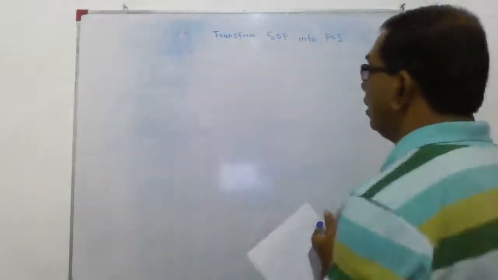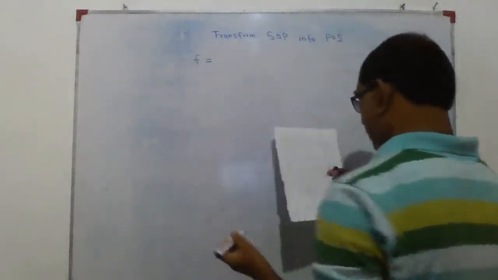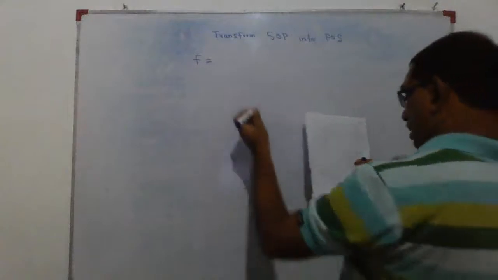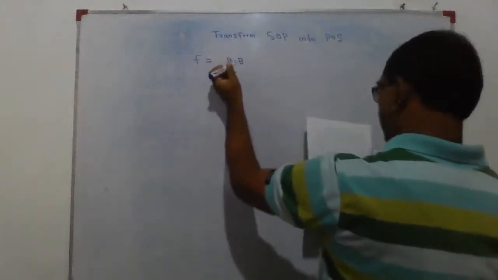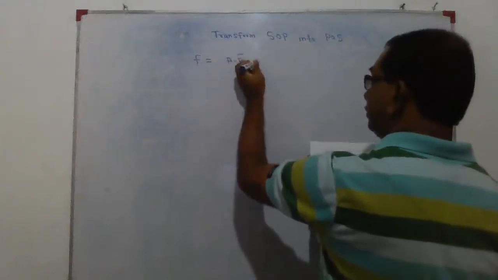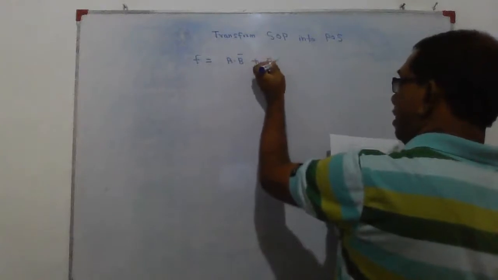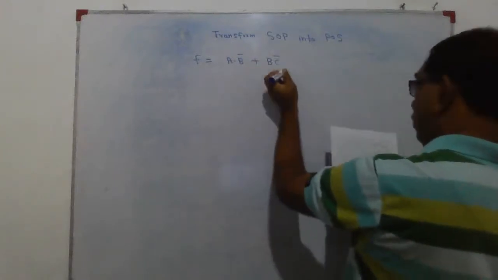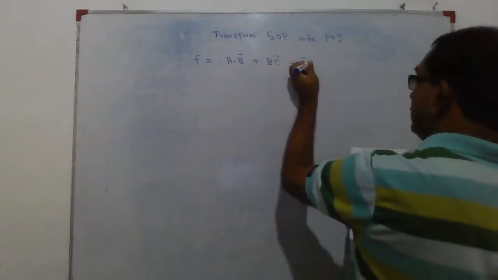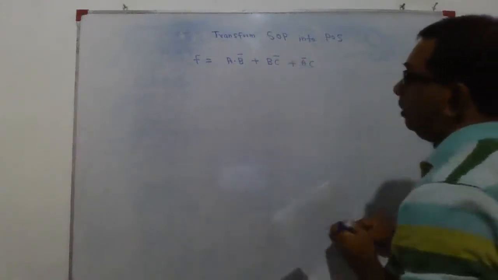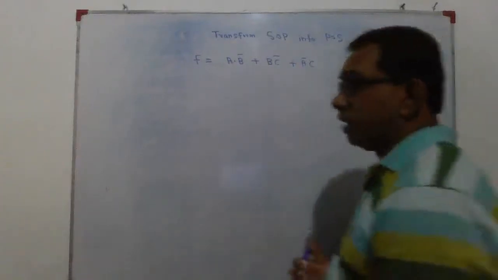I have a statement called F equals A and B bar, OR, B and C bar, OR, A bar and C. Now I want to do something.